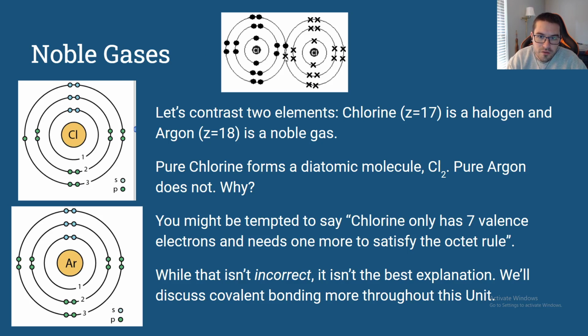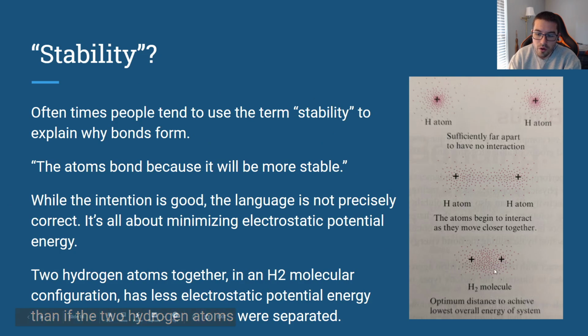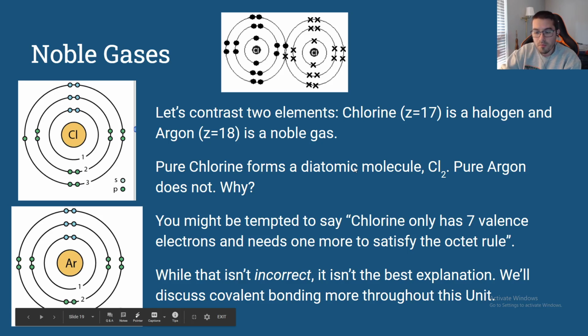The electrons can sort of float themselves in between the chlorine nuclei, and the electrons here can feel the attractive force from both nuclei rather than just one. It's a lowering of the electrostatic potential energy, very similar to what goes on in H2. Okay, but enough about that for right now. We'll discuss covalent bonding more throughout this unit, and we'll get some more exposure to it as time goes on.